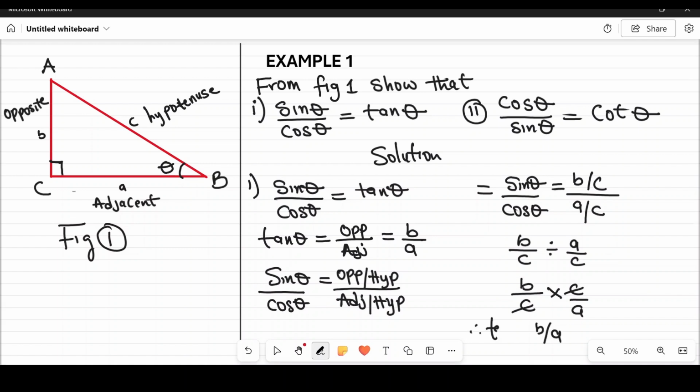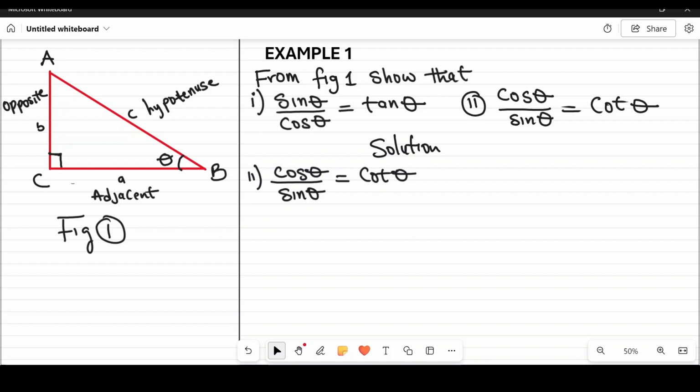So therefore, tan theta is equal to B divided by A, which is sin theta divided by cos theta. Number two, we should show that cos theta divided by sin theta is equal to cot theta. We know that cot theta is the reciprocal of tan theta, so it is 1 divided by tan theta.